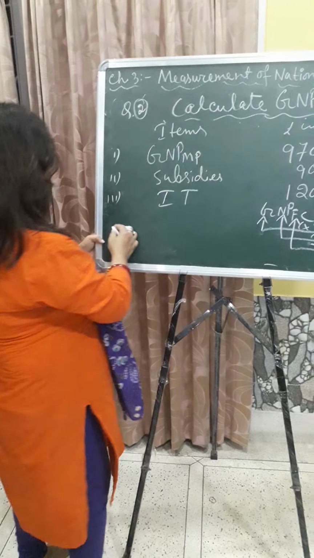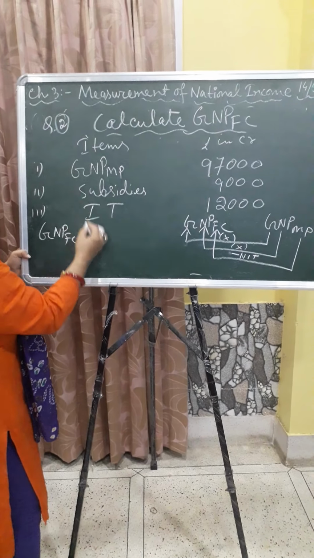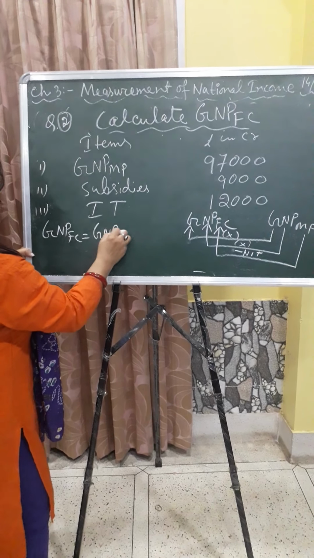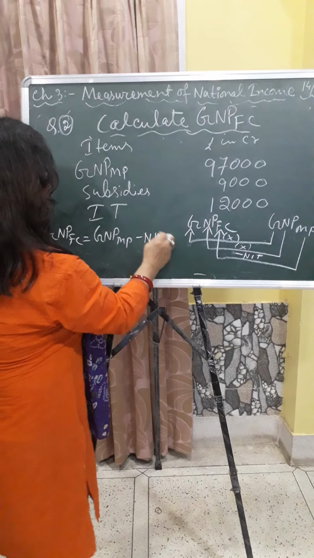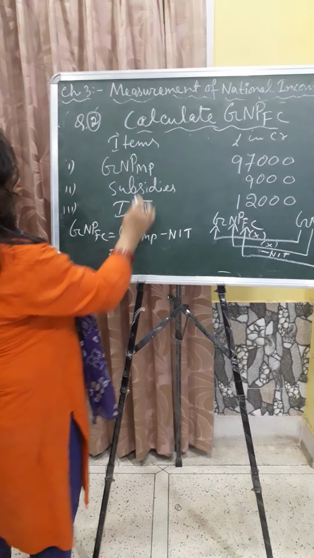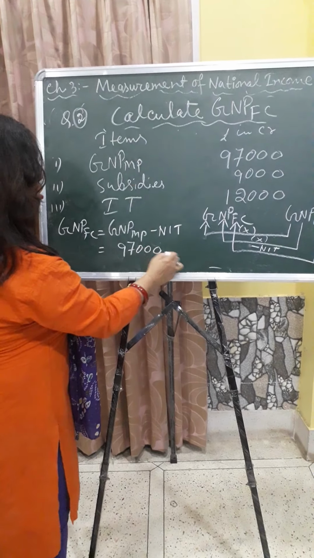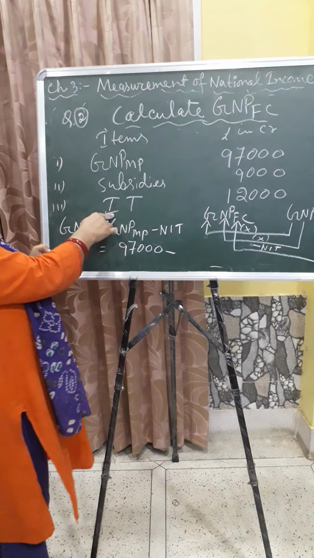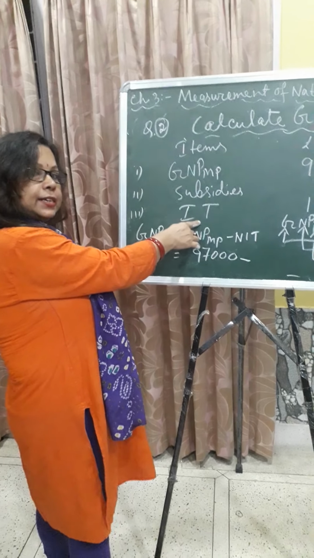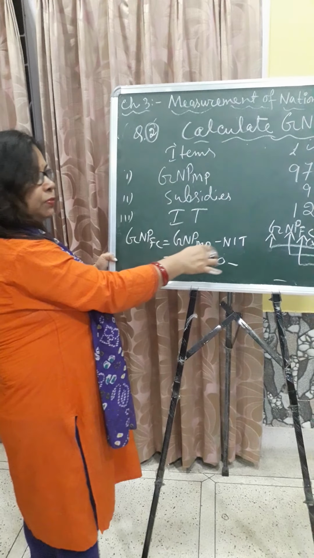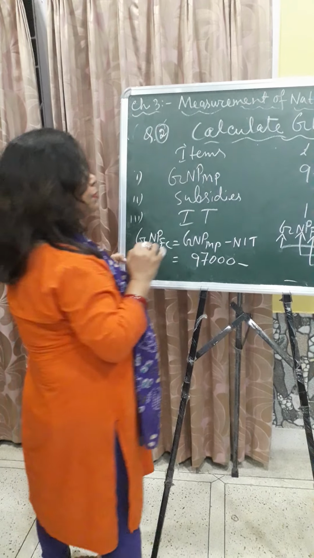So now calculate. GNPFC equals GNPMP only minus NIT. GNPMP value 97000 minus NIT. Here NIT is not given directly, only subsidies and IT are written. So what will be the NIT? The formula is NIT equals IT minus subsidy.